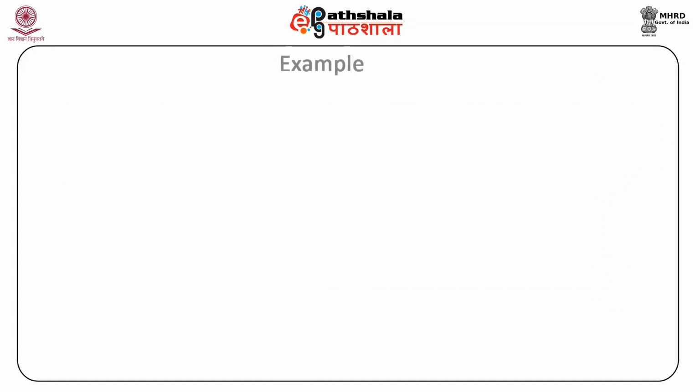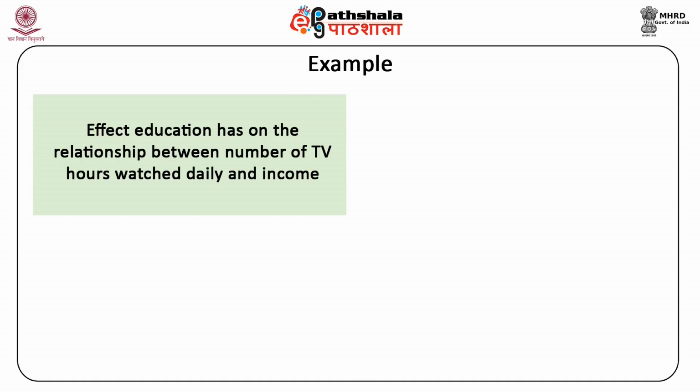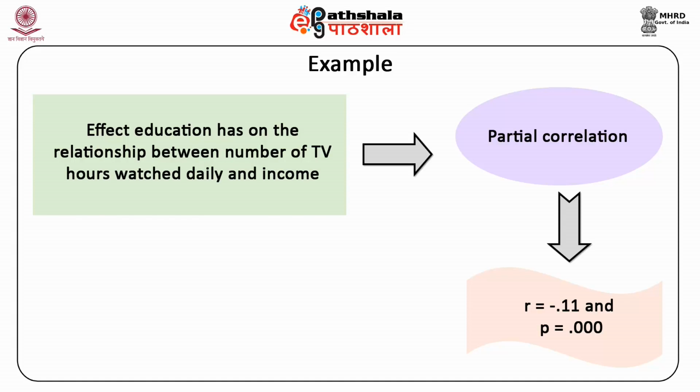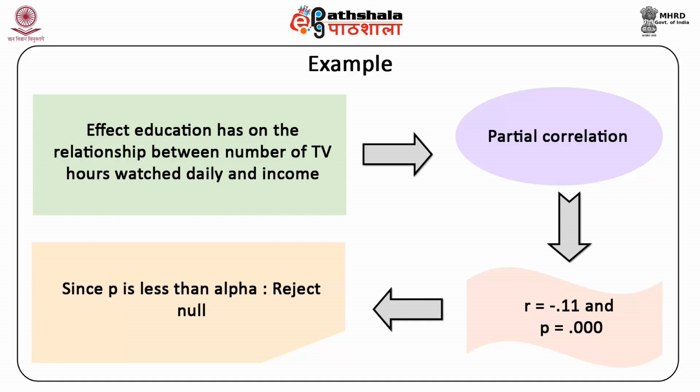If we control for the effect that education has on the relationship between the number of TV hours watched daily and income, we find the following by doing a partial correlation with the data. We get the partial correlation coefficient R is equal to minus 0.11 and the value of P is equal to 0.000. Since P is less than alpha, reject null.